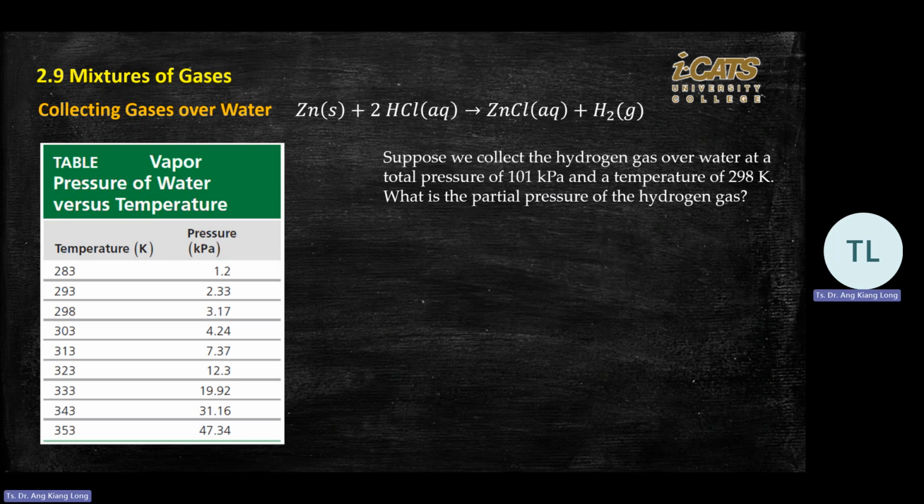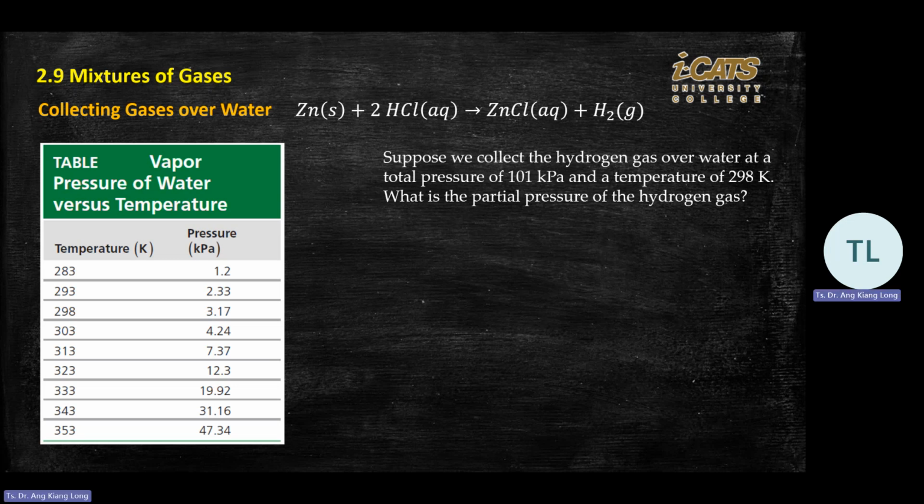If you want to collect hydrogen gas over the water at total pressure, so and so, temperature given, what is the partial pressure of hydrogen gas? You need to look at the chemical equation. How many mole hydrogen was generated in this equation? How many mole? 1, 2, 3. How many mole? Hydrogen? 1.